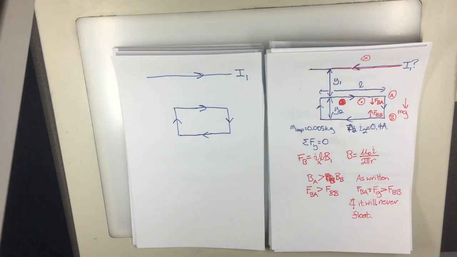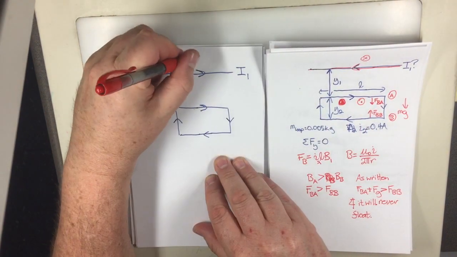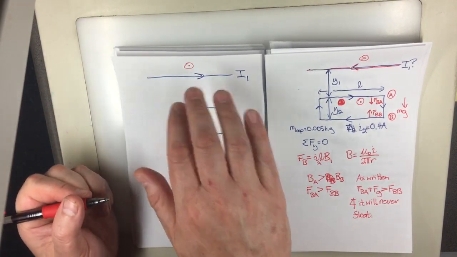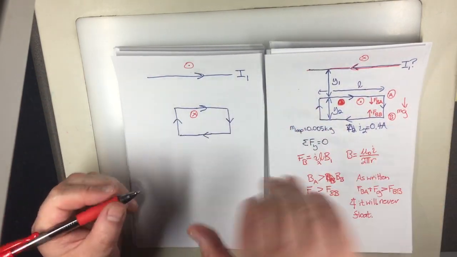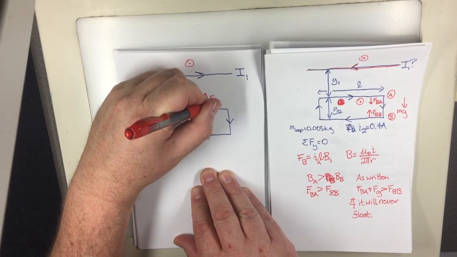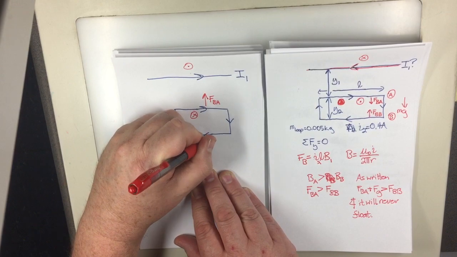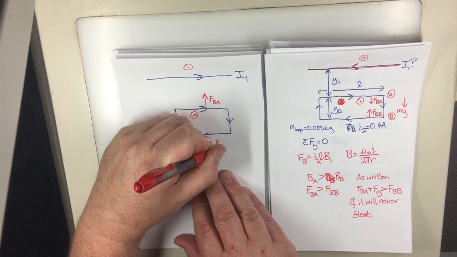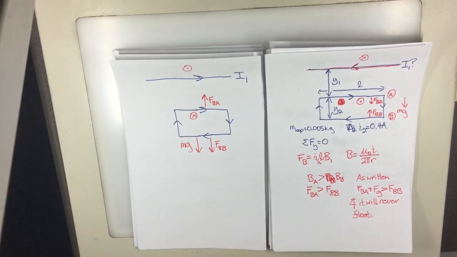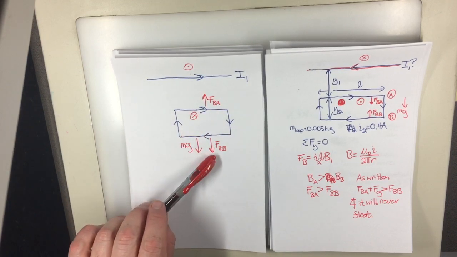Now the B field comes out on the top and in on the bottom. I cross B means that the magnetic force on A is up here, the magnetic force on B is down there, and I still have mg. So now I can get this thing to levitate, because FBA is greater than FBB.